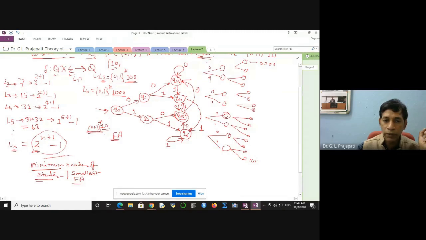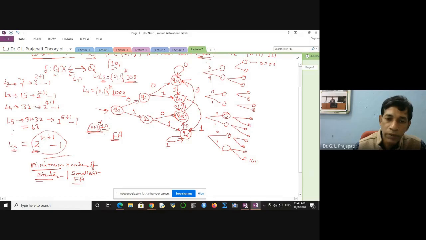Before that, whatever string you have received, we are not interested in that. We are just interested in the last two symbols. So whenever you are at Q0, you go to Q1, meaning you are remembering that you have received 1. Then from Q1 you go to Q3, meaning you have remembered that you have received 1, 0. And in the case of the FA, there is no additional storage provided. The only way to remember is by means of the transitions.